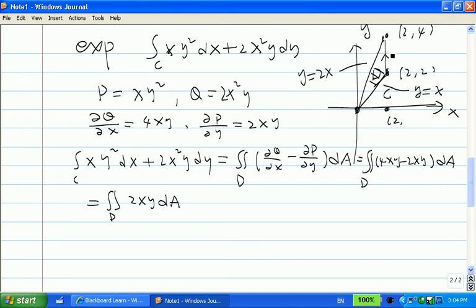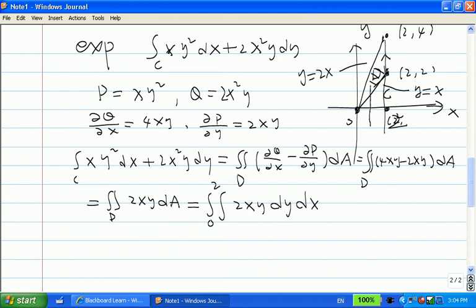You should know how to find the equation for a line. Therefore, this area integral can be written as 2xy. Let me get dy go inside, dx go outside. Okay. So you project this region on the x-axis. So your x is obviously from 0 to 2.